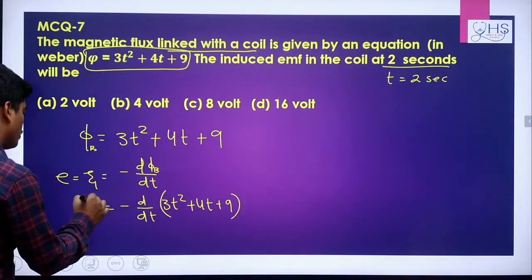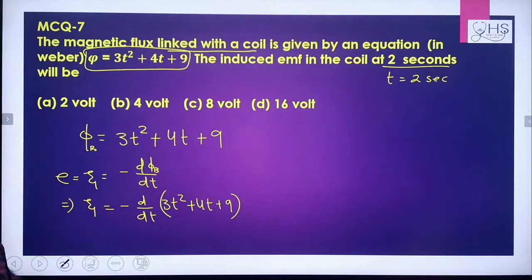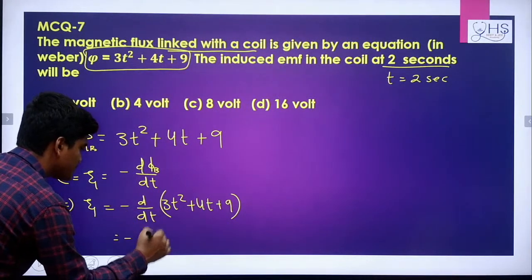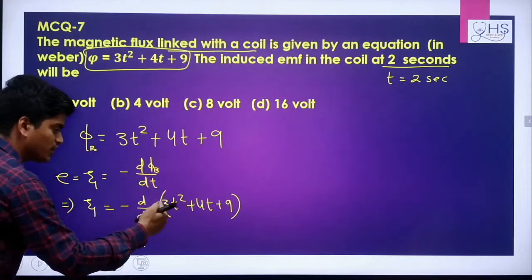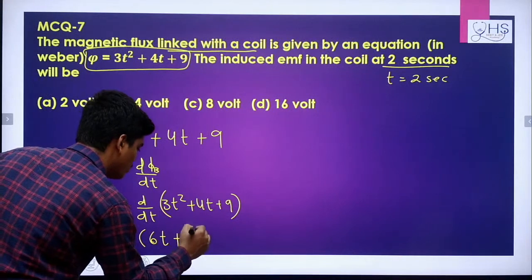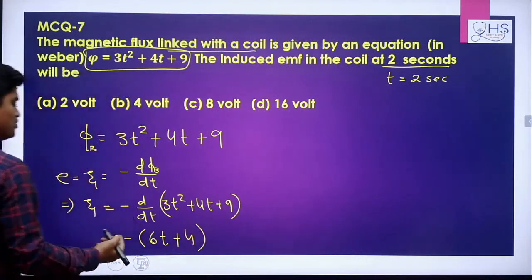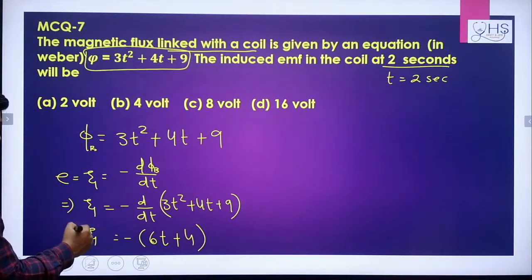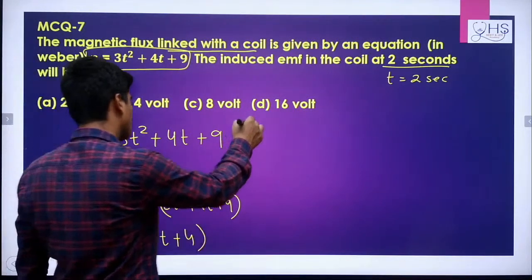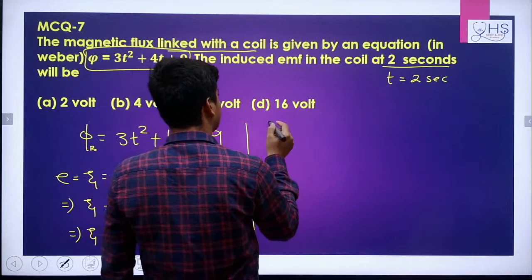If you know the derivative formula correctly, then you can do it directly. So minus, t square derivative is 2t, 3 is there, so it is 6t, plus derivative of 4t is 4, and derivative of 9 is 0. So my EMF is coming minus, bracket, 6t plus 4. Now next, listen.